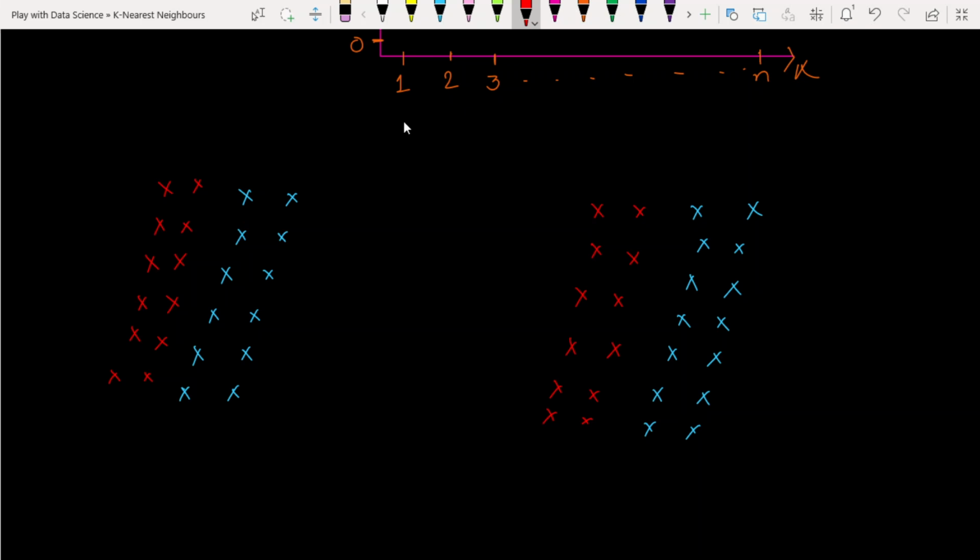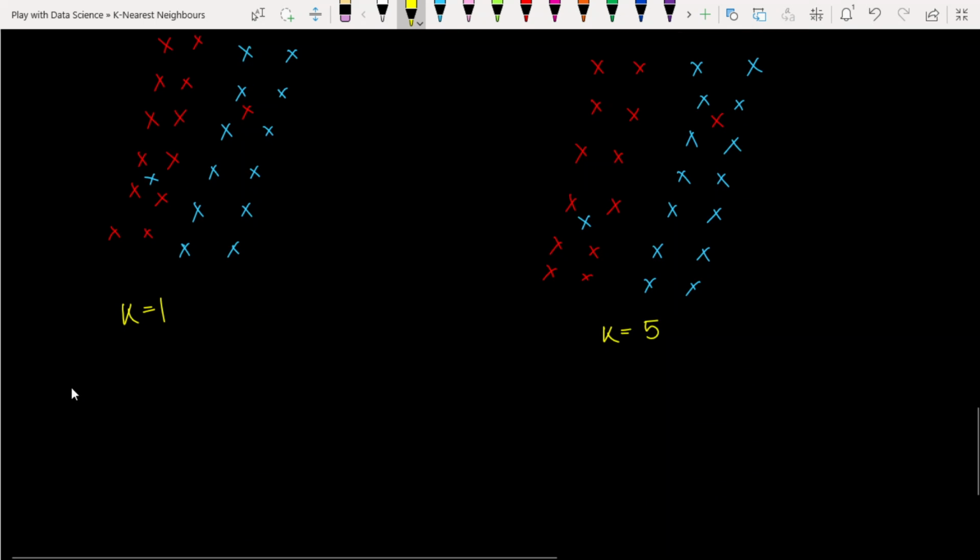Here we have some misclassified points like that, and the same thing occurs here. Suppose here we have taken k equals 1, and here some larger value, suppose k equals 5.